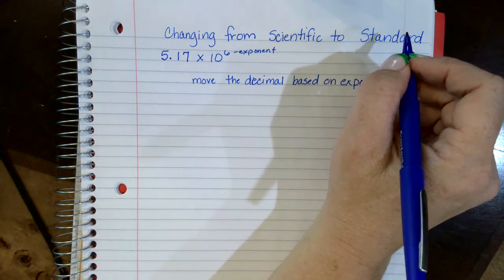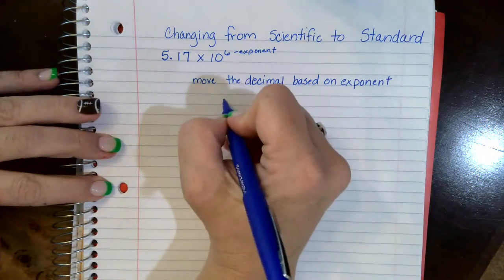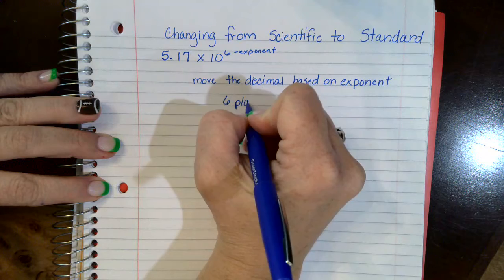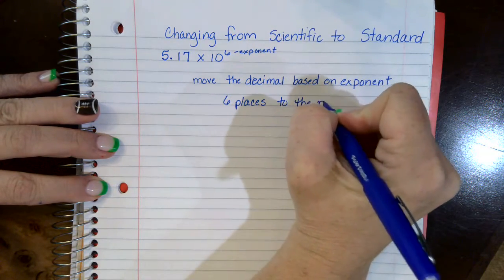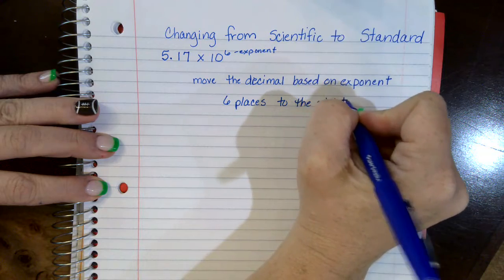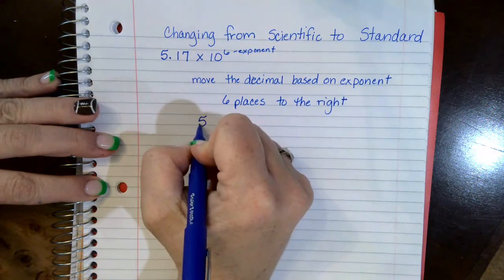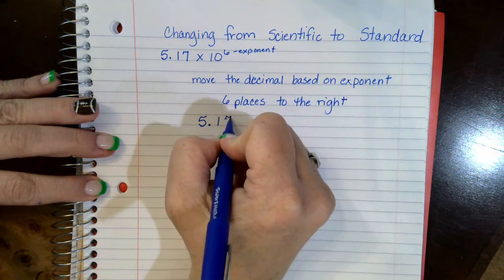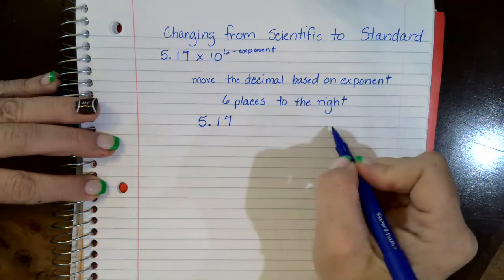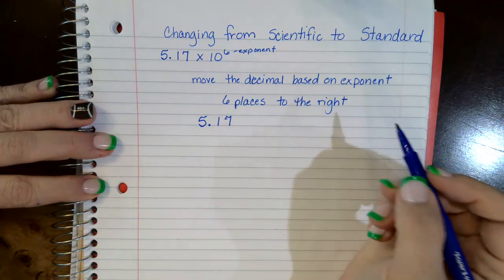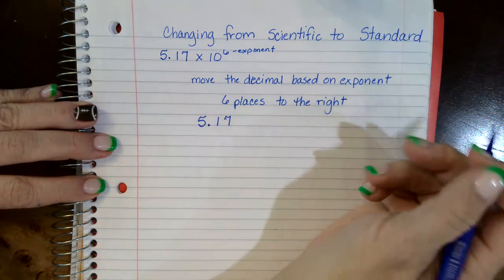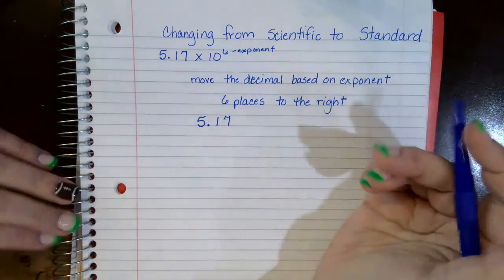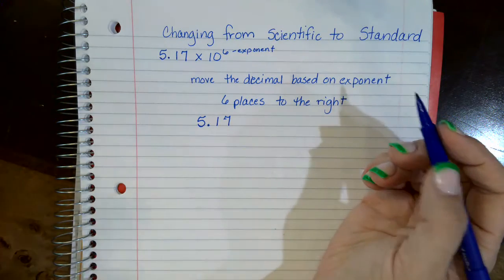So on this one, we're specifically going to move 6 places to the right. So here we have 5.17. Well, what do we do in these places to the right? Remember, in a whole number, we were able to keep the zeros, and in a decimal it means the same thing if we have a whole bunch of zeros there.